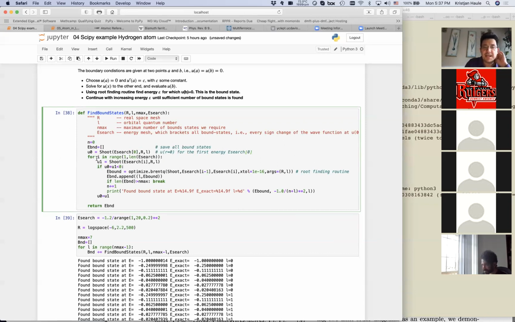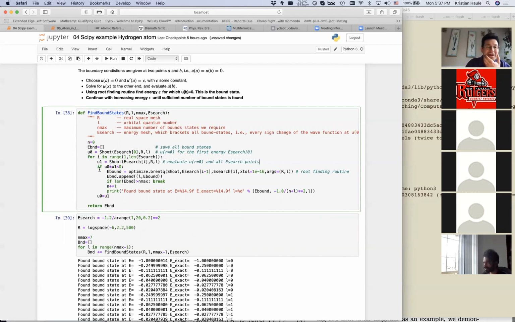So we do this, and then we go through all the mesh points, and we evaluate the function on these points one after the other. Okay, so evaluate u of r equal to 0 on all E-search points.